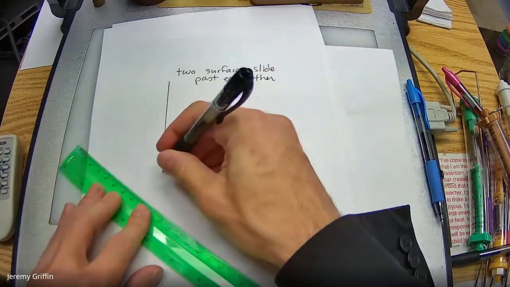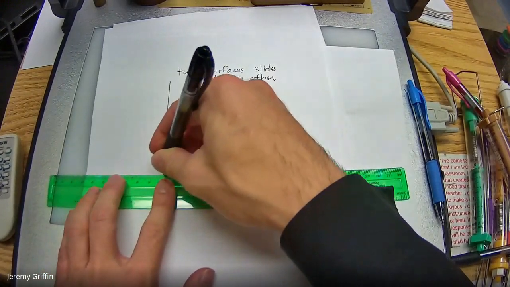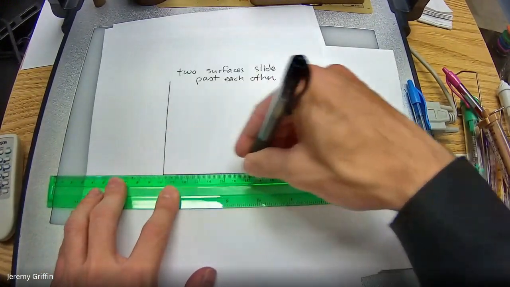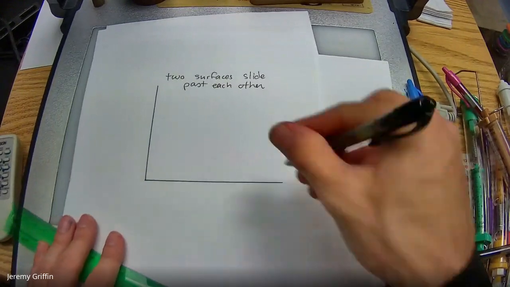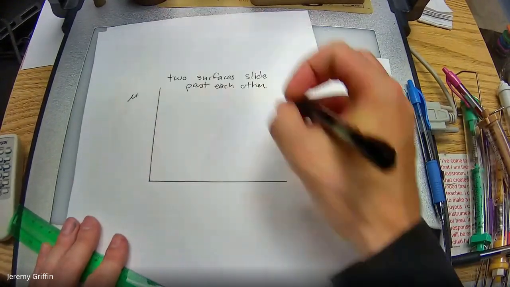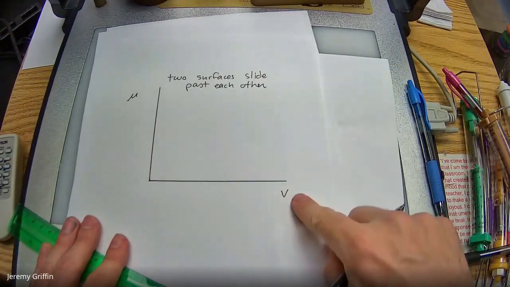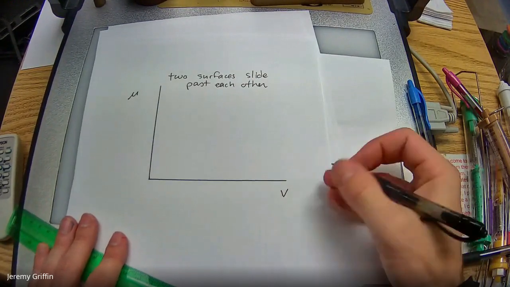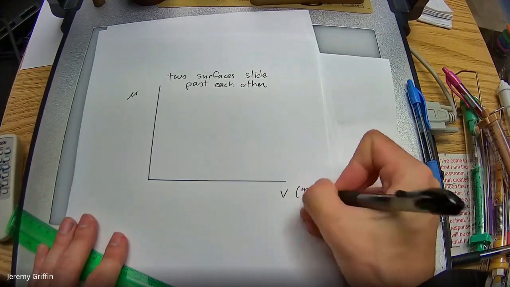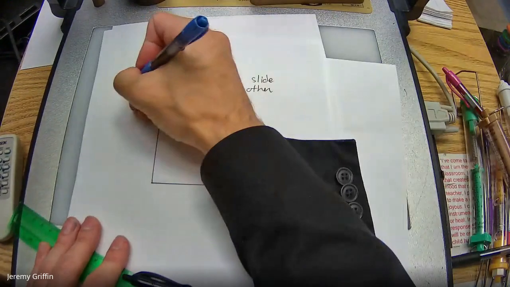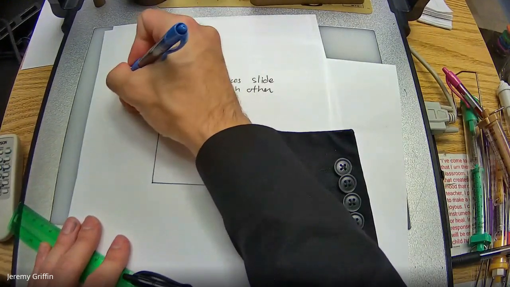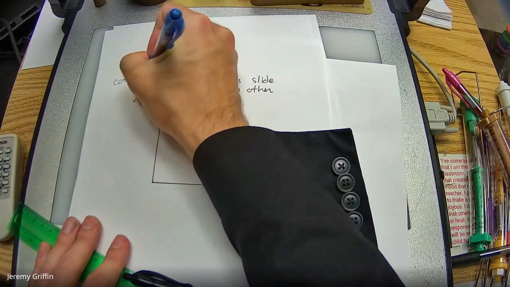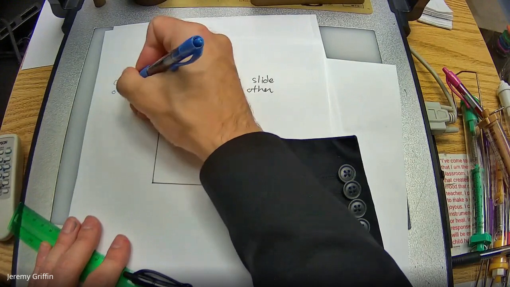I'm going to do a coefficient of friction versus velocity graph. Kind of a weird graph, but so velocity is the two surfaces moving past each other at some speed, like meters per second. And you guys know this stands for coefficient of friction.